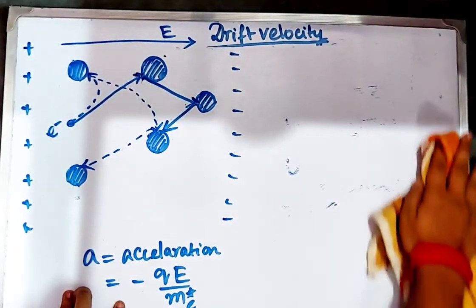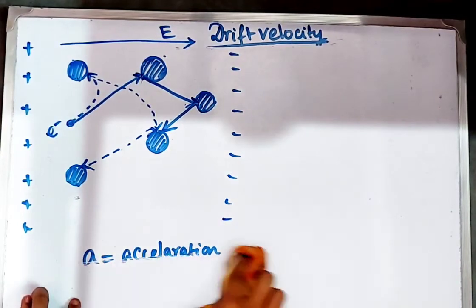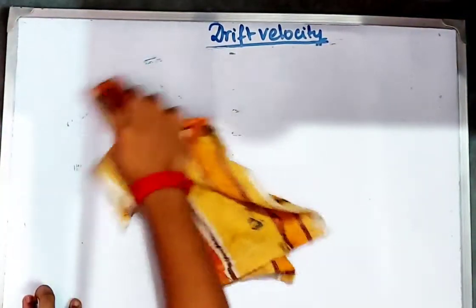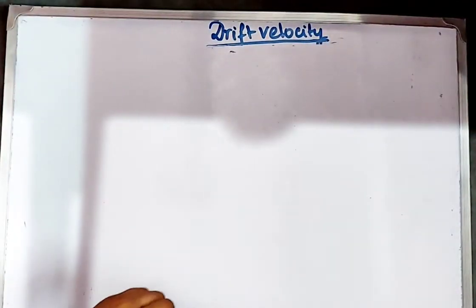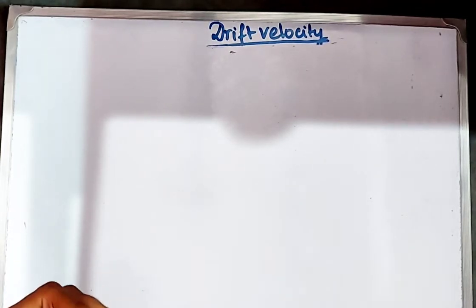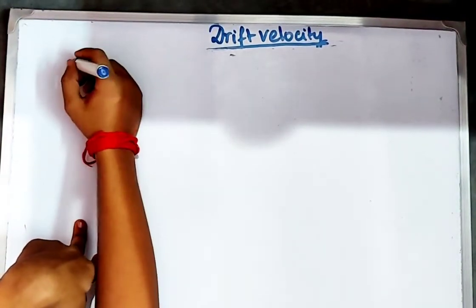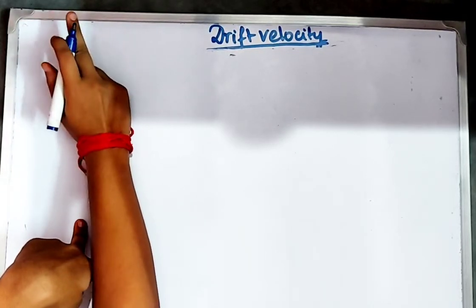So now we will find out the relation and a mathematical expression of drift velocity. Right now we were talking about one single electron.